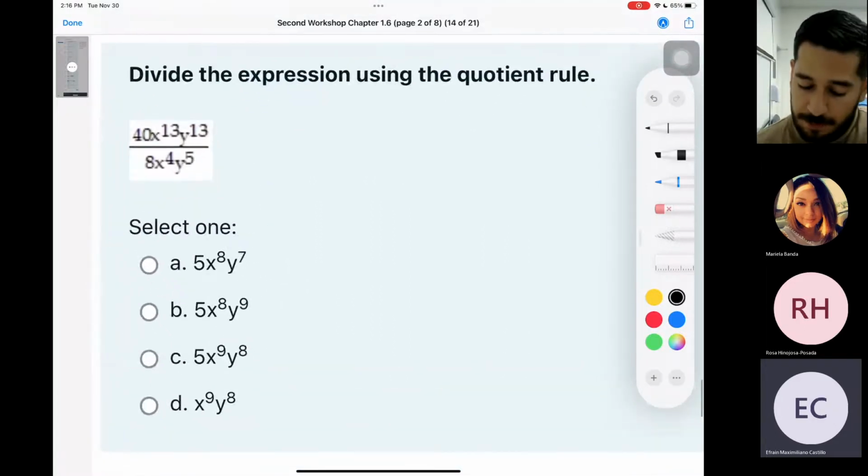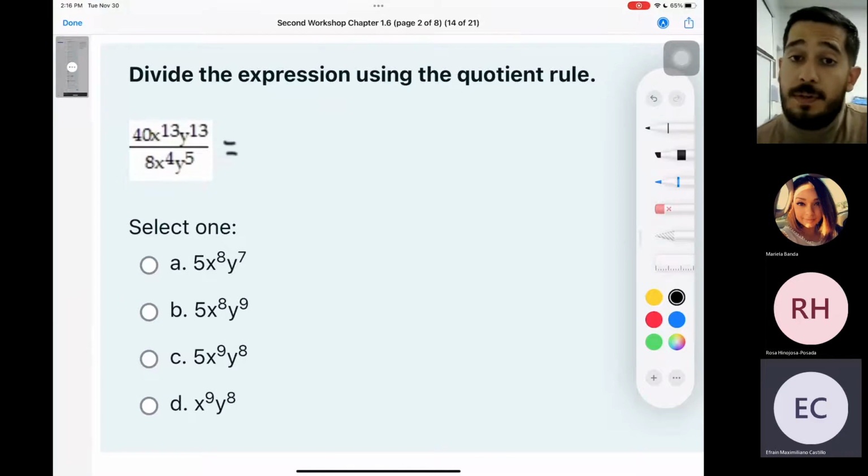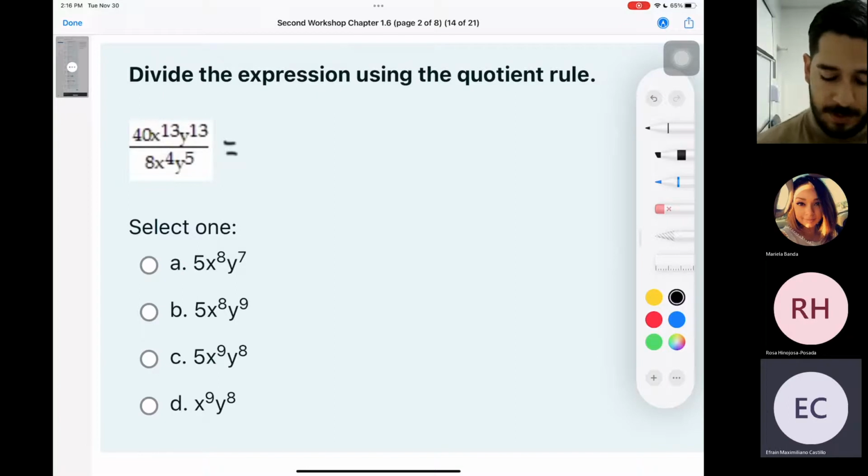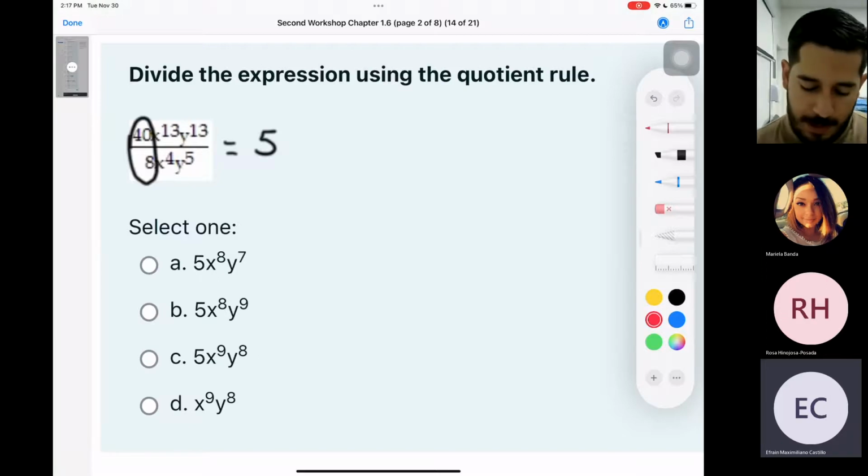Last one for the second rule. We're doing a division. 40 divided by 8, that's going to be 5. The division of the numbers is normal division. Let's go ahead and divide the x's.